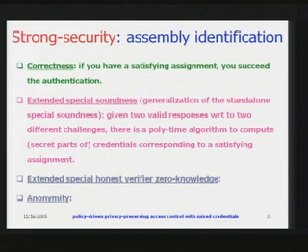And then we define 2 properties for the interactive scheme. One is what we call strong security. It, of course, still requires correctness. And then we define what is called extended special soundness. It's extended from the special soundness for the underlying Sigma protocols.